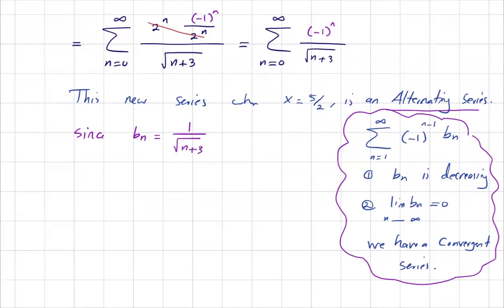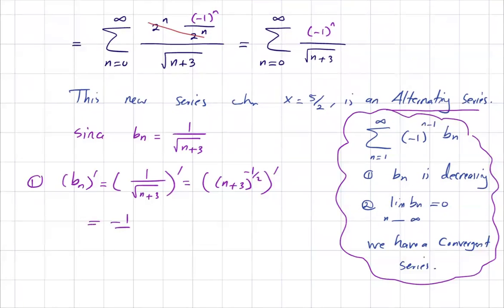For an alternating series, here you can easily check that since bn is equal to 1 divided by square root of n plus 3, the derivative of bn is the derivative of (n plus 3) to power negative a half, which is negative a half times (n plus 3) to power negative a half minus 1, or negative 1 divided by 2 times (n plus 3) to power negative 3 halves.